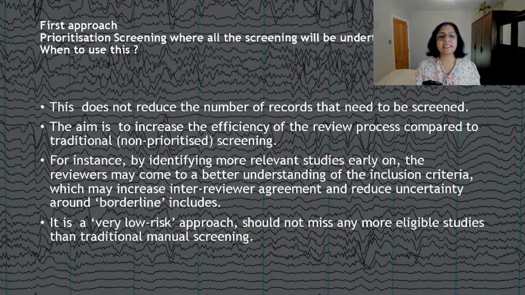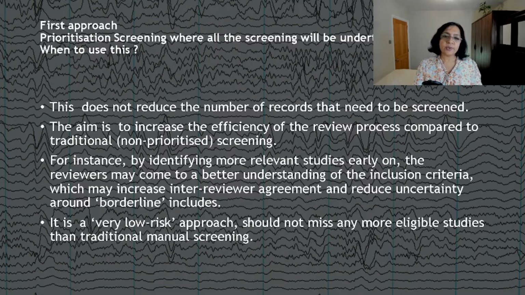So let us see the first approach in more detail. As I mentioned, we need to screen all the records. So how does this help? It increases the efficiency of the review process.